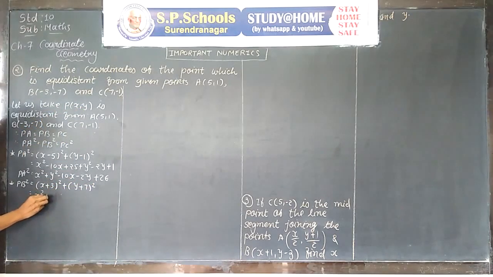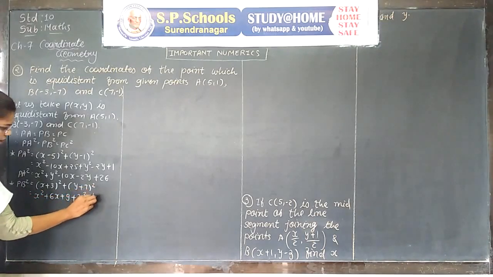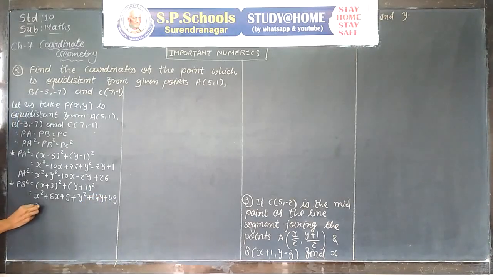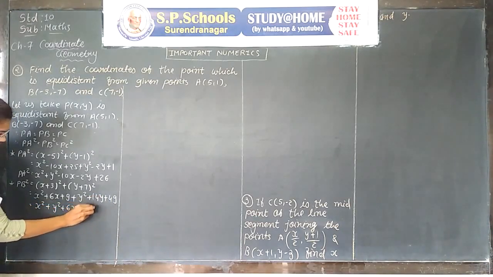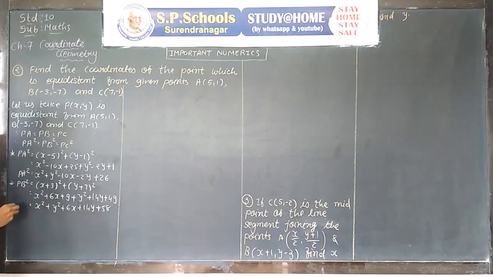Expansion: x square plus 6x plus 9 plus y square plus 14y plus 49. Arrange it: x square plus y square plus 6x plus 14y plus 49 plus 9 gives 58. Further simplification is not possible.